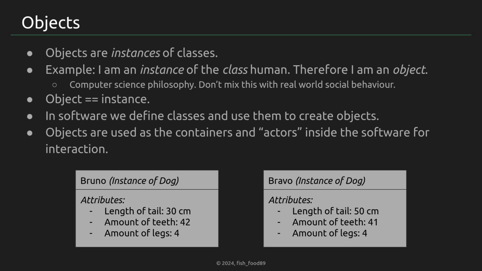So we give it a new name, and usually these instances are put into variables in programming. So you say, this variable is an object or instance of this class, and then you call it by the variable. Think of the variable as a name for a dog, for example, if that helps you bridge the gap here.